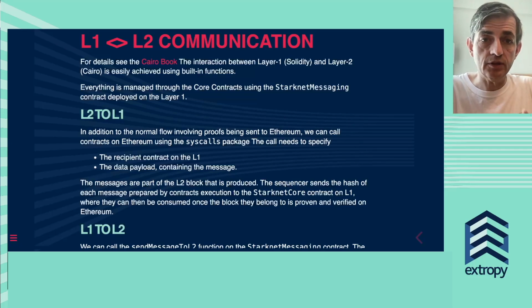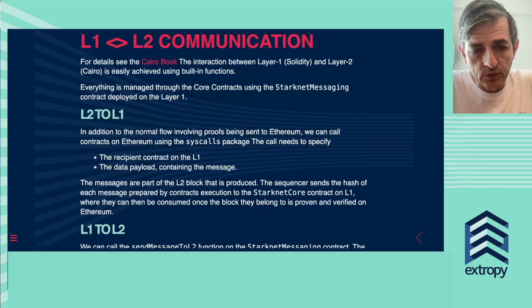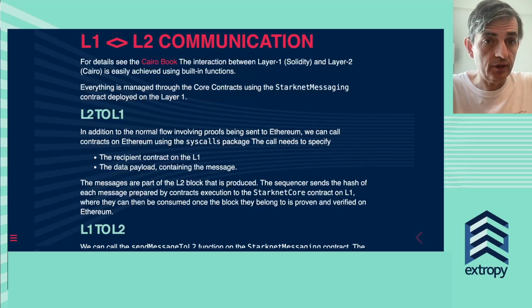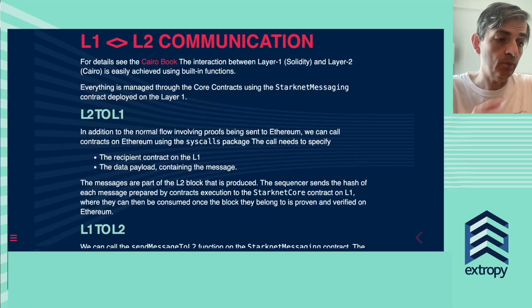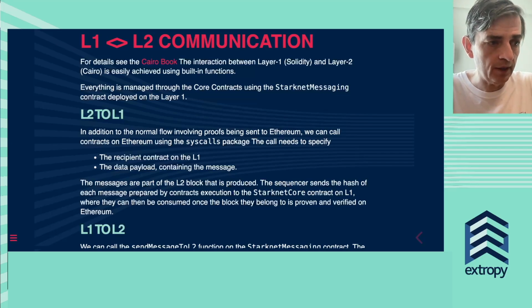And this uses the syscalls package. The details that you would need to provide to do that are details of the recipient contract on the layer 1, and then the actual message, the data payload that you want to pass to the layer 1.